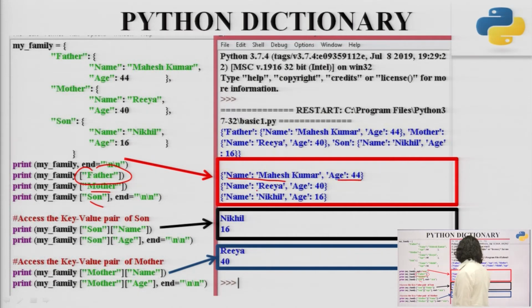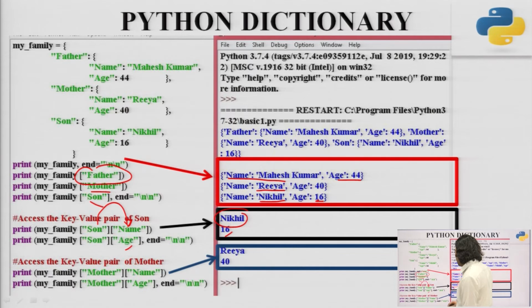Similarly, the mother's name is Riya and the son's name is Nikhil with the age 16. But when I try to access the key value pair of the son, you need further information, that is the name of that key element. So, here the key element is name. The name is referring to the value Nikhil. Similarly, the age is referring to 16.